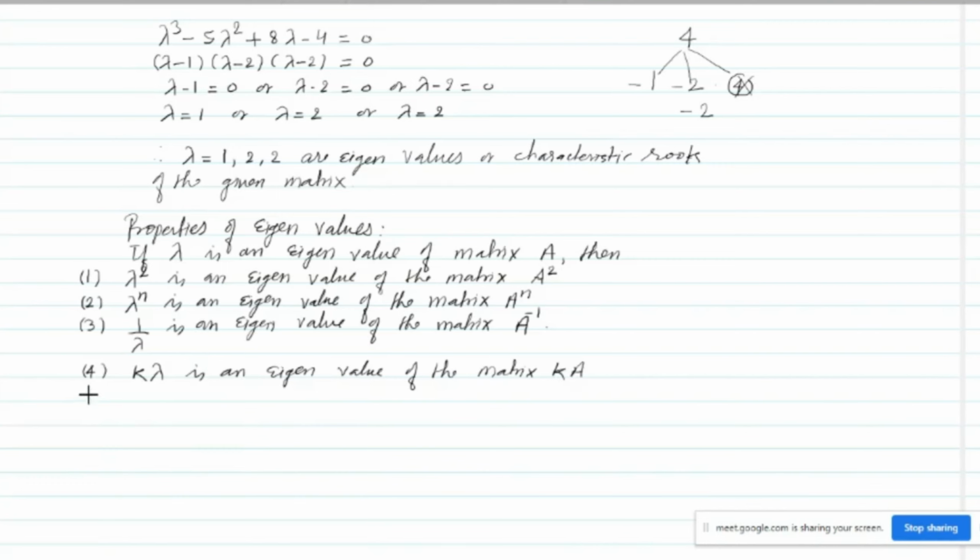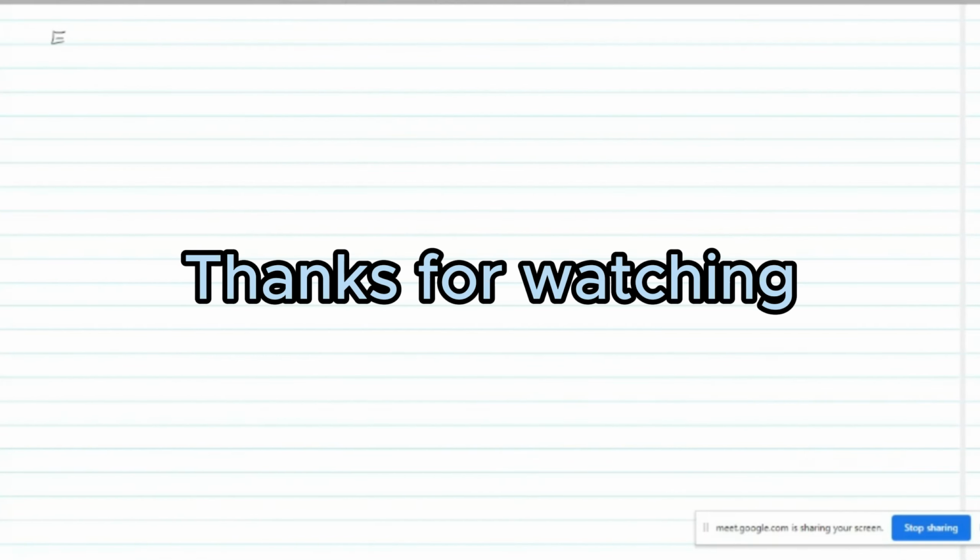Number five, lambda is an eigenvalue of the matrix A transpose. The properties are very important, you must remember all these properties. तो इसके बेस पे प्रॉब्लम बाद में करेंगे, ठीक है.